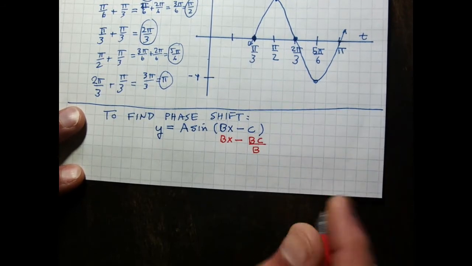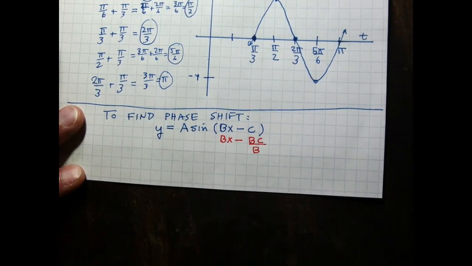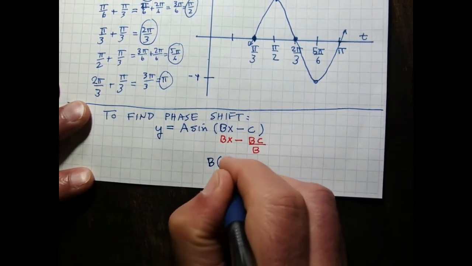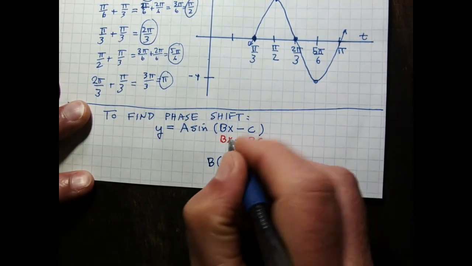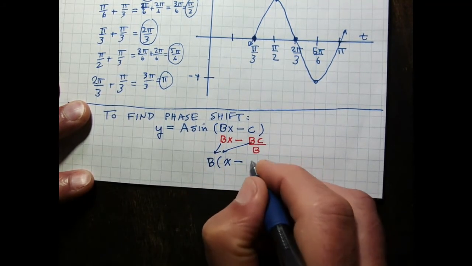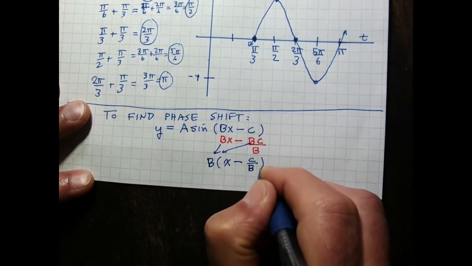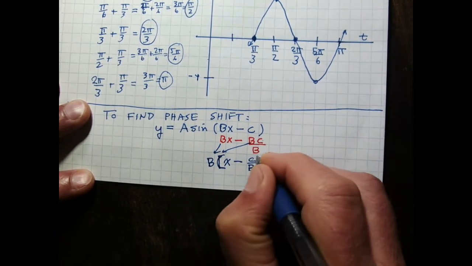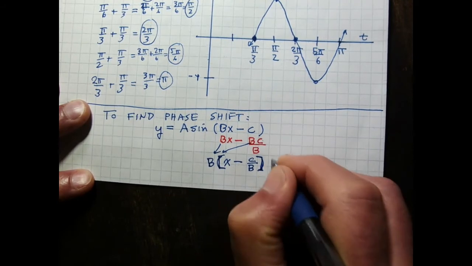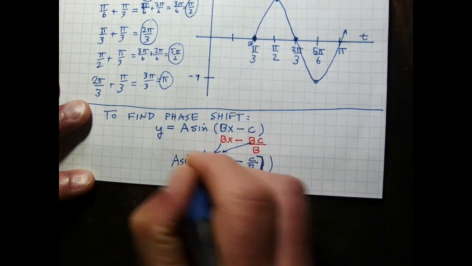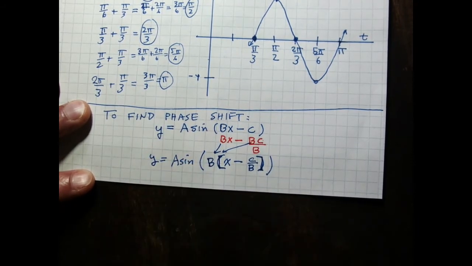Okay. Then I can factor out a b times x minus, so this b and this b are replaced. I'm going to have x minus c over b in parentheses. In the inner parentheses, I'm still going to have a sine of all that stuff. Okay.